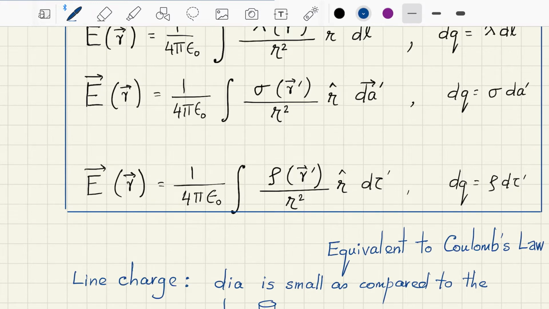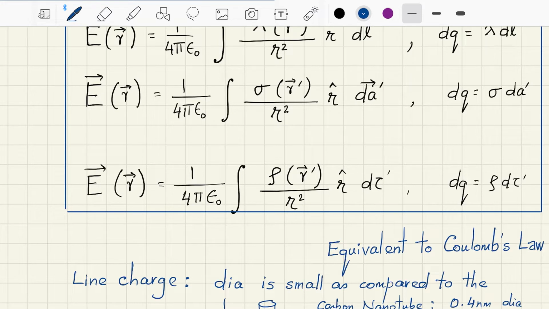For example, line charges can be as thin as a carbon nanotube. So what is the diameter of a carbon nanotube? Carbon nanotube diameter is about, let's say, 4 nanometers, or 0.335 nanometer.